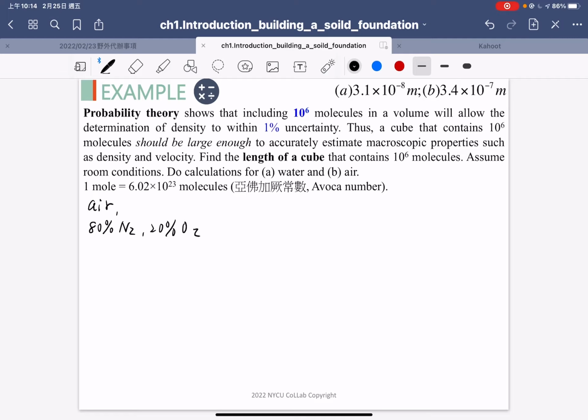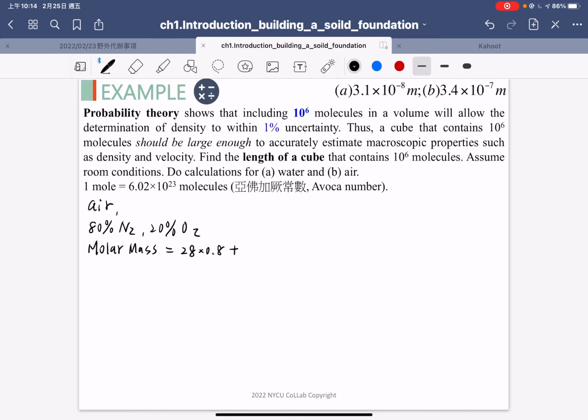we can compute the molar mass. So the molar mass for air, we know N2 is 28, and then multiply by 80%. Next we should add the O2.